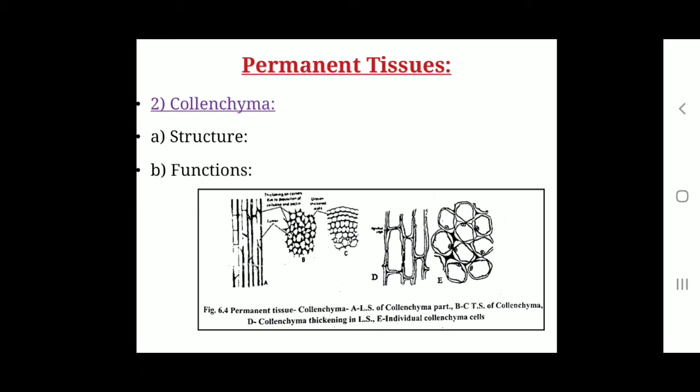On the basis of thickenings of cell wall and arrangement of cells, three forms of collenchyma have been recorded, that is angular, lacunate or tubular, and plate or laminal. So angular collenchyma is the most common type, where deposition is localized to the junction between the cells. It is a compact tissue consisting of irregularly arranged cells without intercellular spaces.